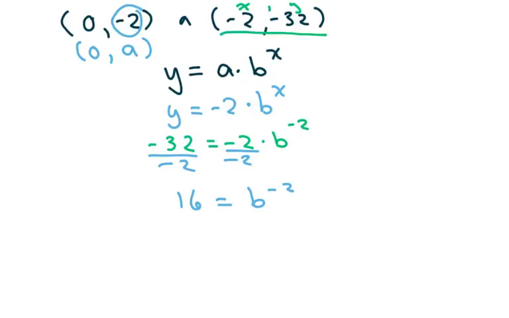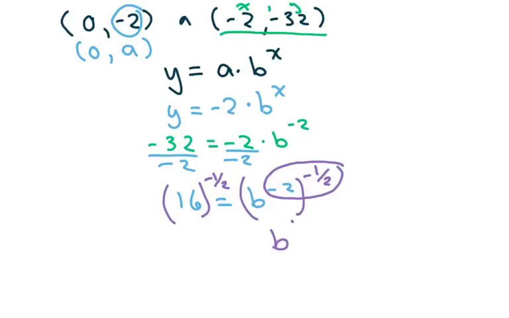You can do it either way, but this is what I'm going to be doing. To solve for b, I'm just going to power this by -1/2. On this side that equals 1, so we just get b to the first power because we're solving for b. On this side, I get 16 to the -1/2.